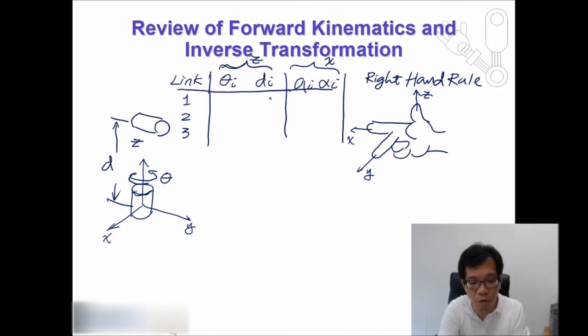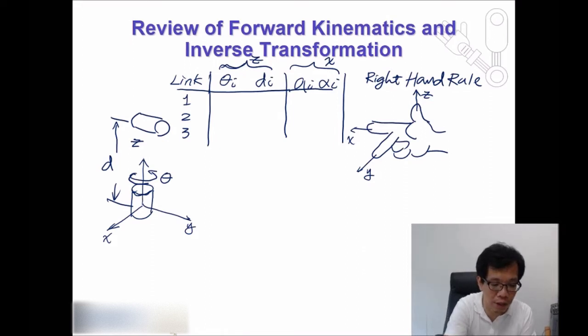Now, those two correspond to z. Sometimes, if you need to determine another coordinate system at the second joint over here, let's say this point is O. So this must be O.